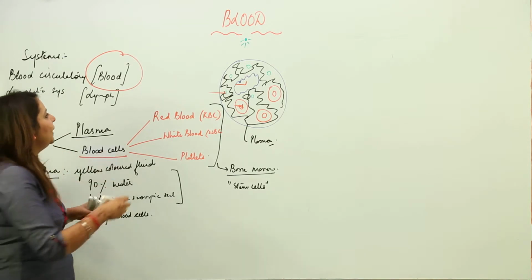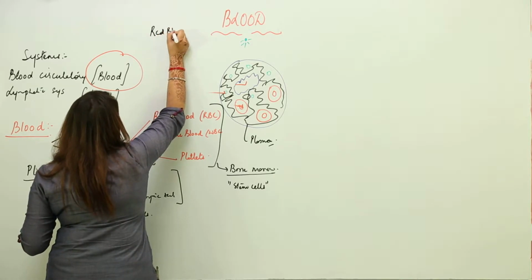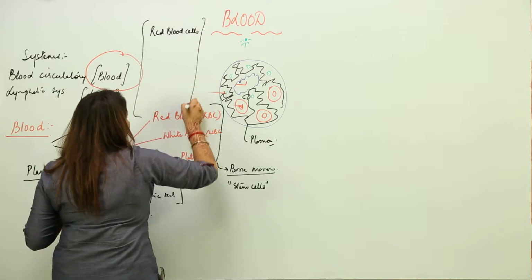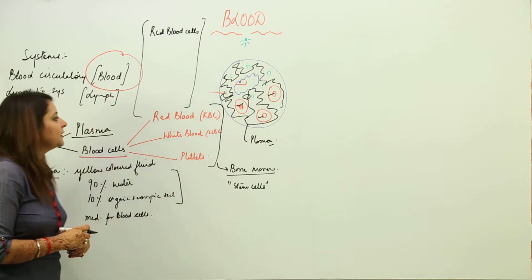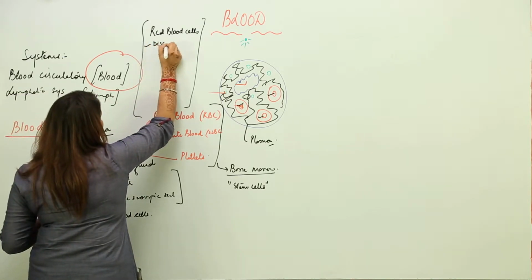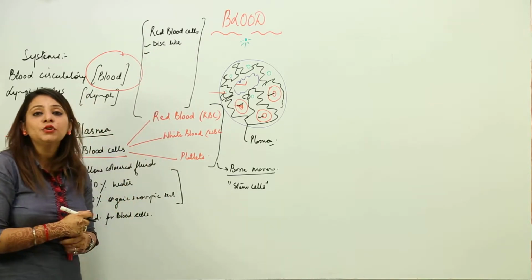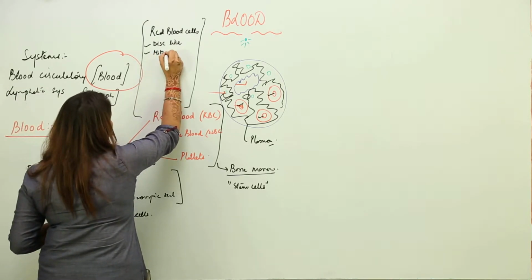Now starting with the RBC first, that is the red blood cells. These ones are the red blood cells. How do they look? They are disc-like. And you know that they are actually incomplete cells. They don't have mitochondria, which is the powerhouse of the cell.